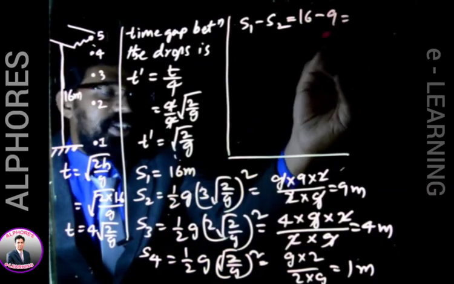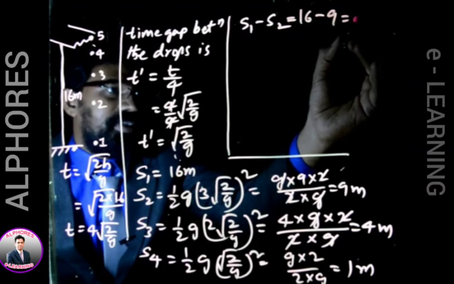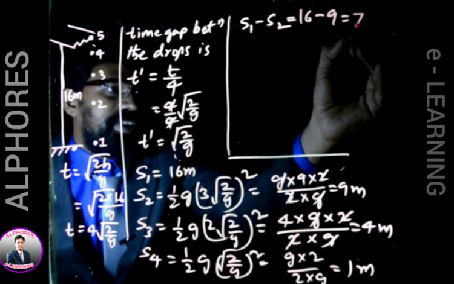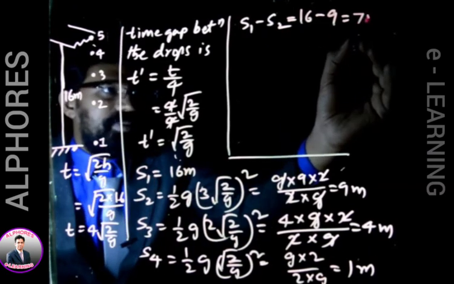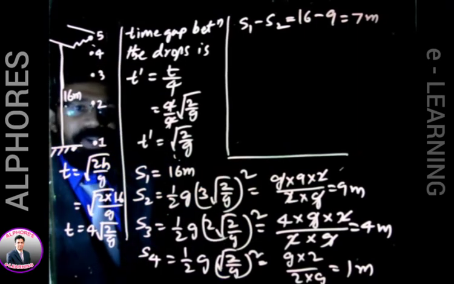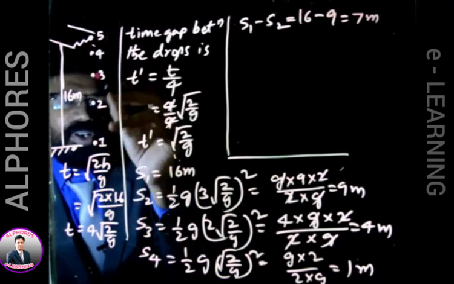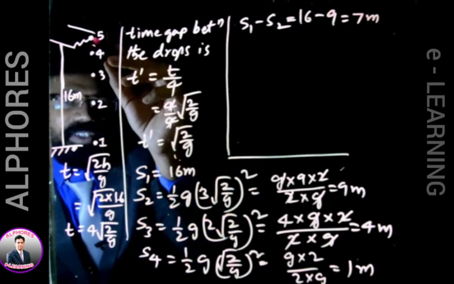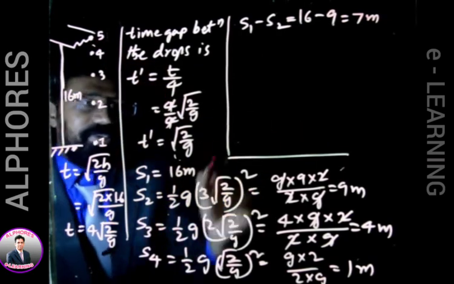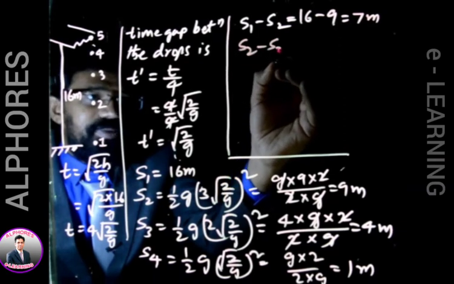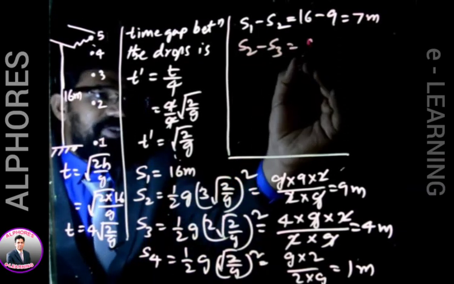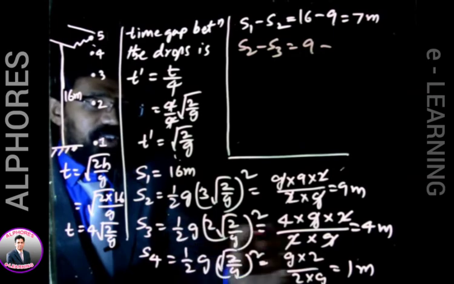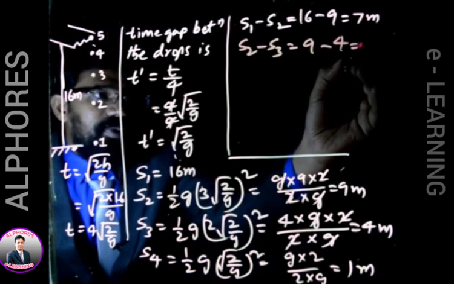So 16 minus 9 is equal to 7 meters, isn't it? Now the distance of separation between the second drop and the third drop: you have to subtract S3 from S2. S2 is 9. S3 is 4. 9 minus 4, how much?